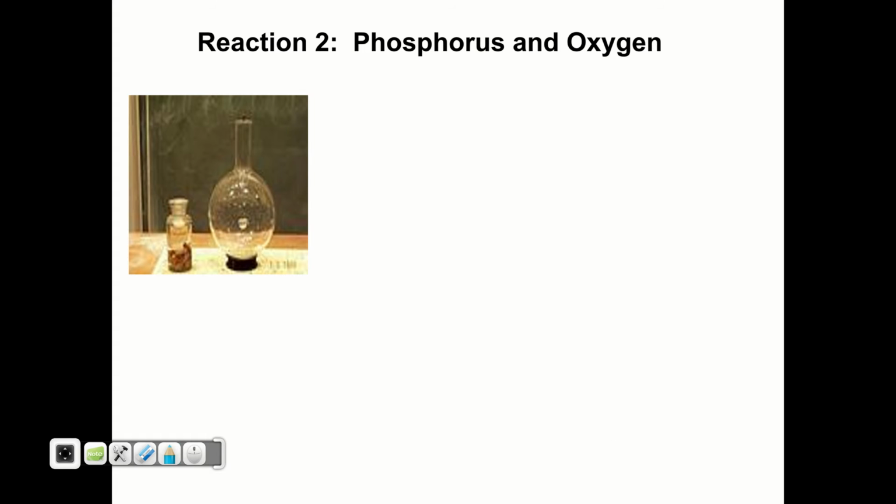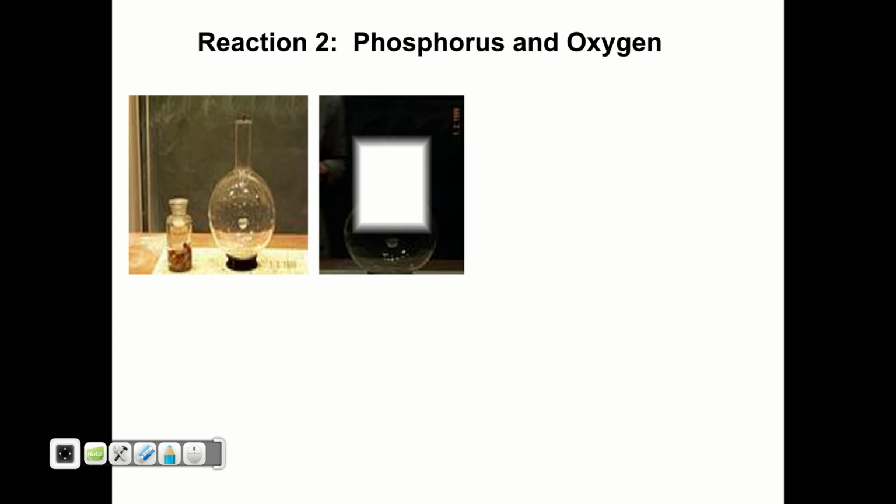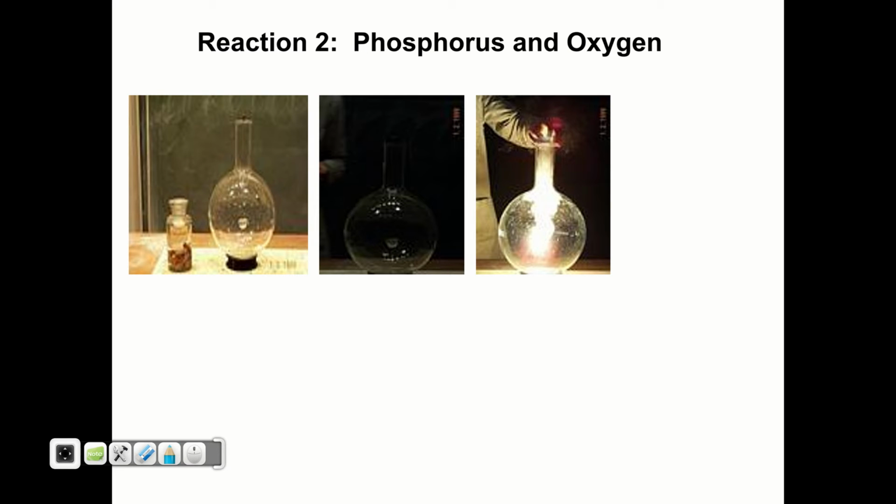If I do phosphorus and oxygen, this one's a very violent reaction. All right, obviously you can't really see it very well, but the idea is this first flask has oxygen in it, pure oxygen gas. And then you can't really see it, but there's phosphorus, little pieces of small solid phosphorus in the other jar. Basically, you turn off the light, you start mixing it in.